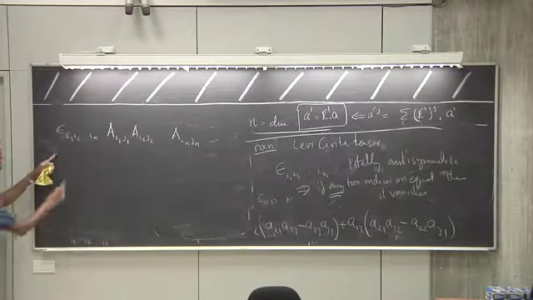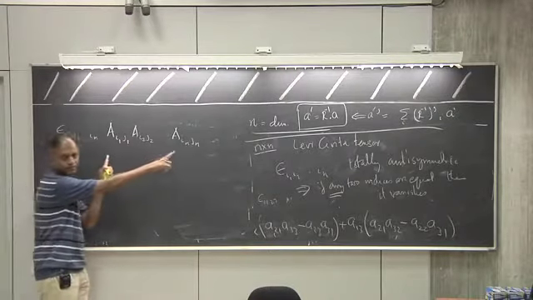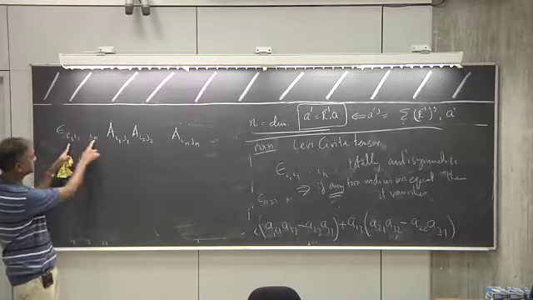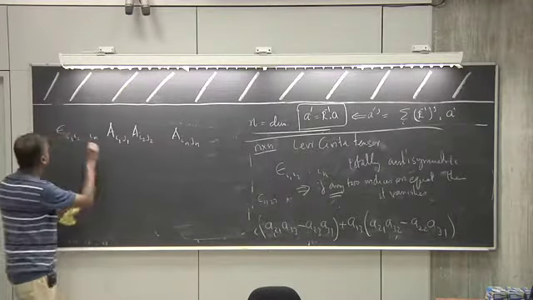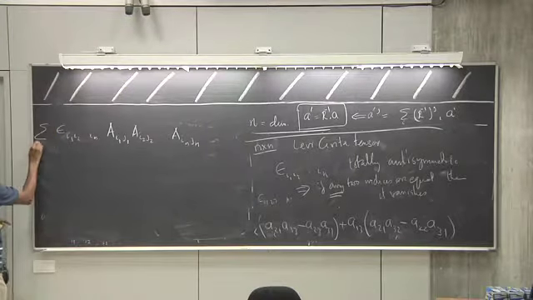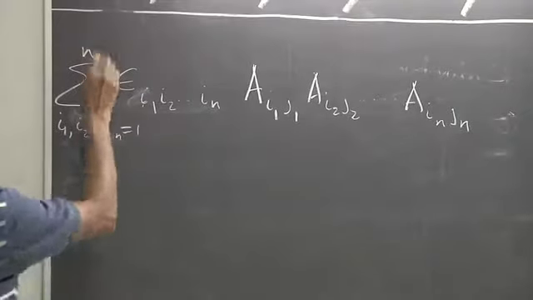Consider this combination. Once again, repeated indices are summed over. So the repeated indices are the I's, I1, I2. The J's are fixed. So this is a summation over all I1, I2 up to In, each of them going from 1 to n. So there are n sums here.